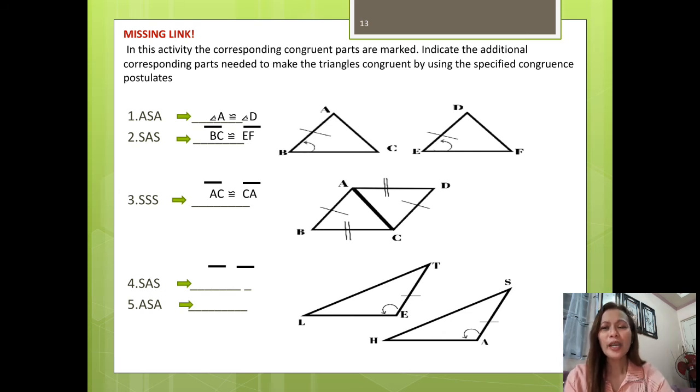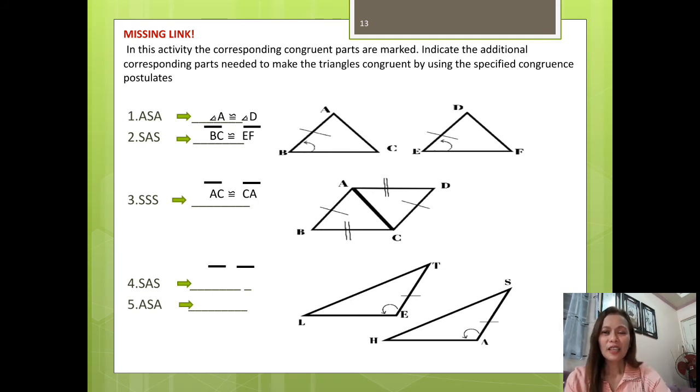Number 4, SAS. Refer again to the given figures of two triangles. We have triangle LET and triangle HAS.